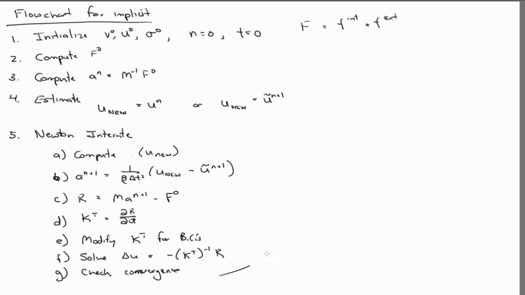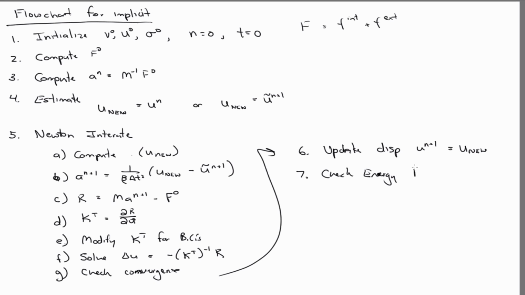So now I'm going to go back over here. Step 6 will be to update the displacements. And step 7, if you want, just like before, is to check the energy balance.